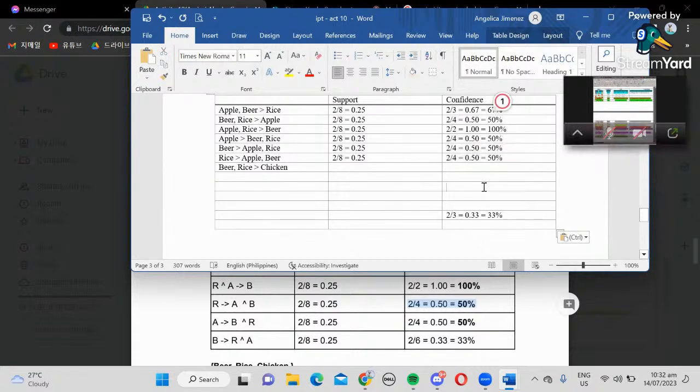Tama ba, Ben? Yes po. Okay. So anyway, we have to check. How about the lift equivalent to 1? Hindi natin mariresolve pag hindi tayo magko-compute. So, still we have to compute. Pero definitely, pag ang lift ay equals to 1, ang conviction equals to 1 din. Pero, or undefined. But you have to compute to be sure.